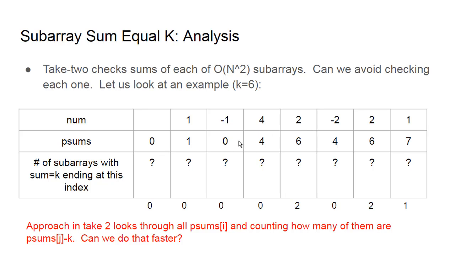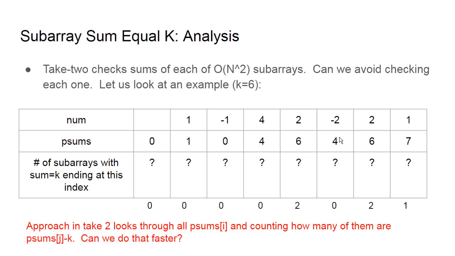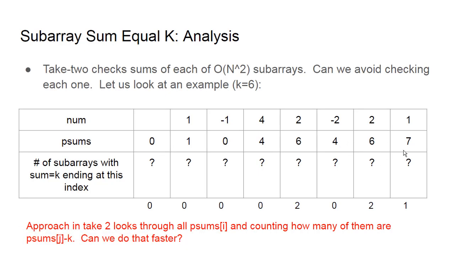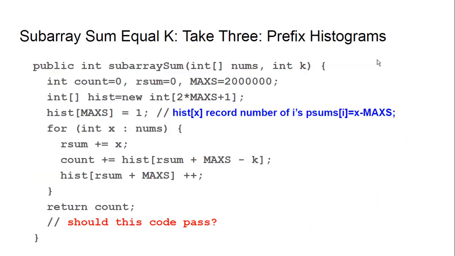If there is more than one, because there are 2, then that means there are 2 subarrays that sum up to 6. So when we are looking at this 4, we are looking for how many -2 happened before us, and there is none. So that's why there are 0 subarrays ending here with subarray sum of 6. So by using a histogram to store the prefix sums, we can reduce the complexity from n squared to n.